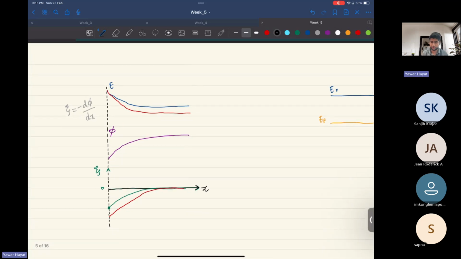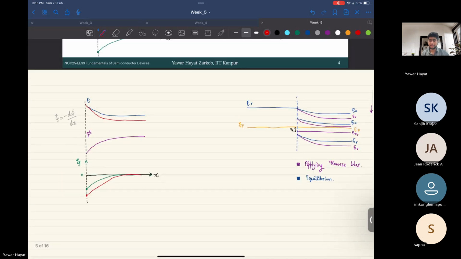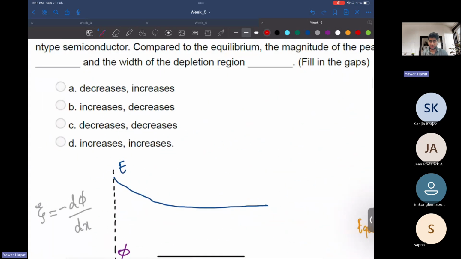So this slope would be more at the junction. That's why I'm showing, on the magnitude scale here, E decreases. In other words, E increases in the negative sense. Your magnitude of peak electric field increases at the junction. This is your electric field.